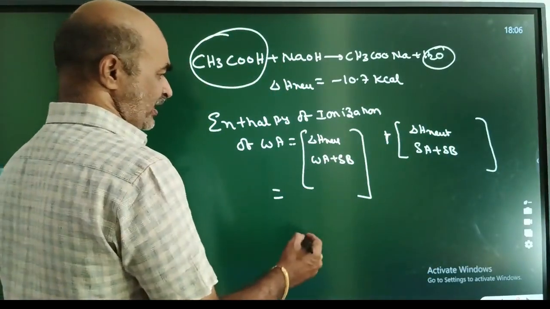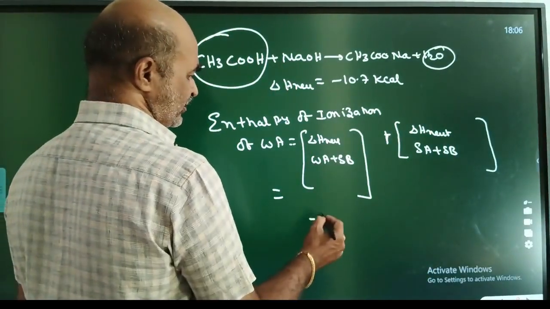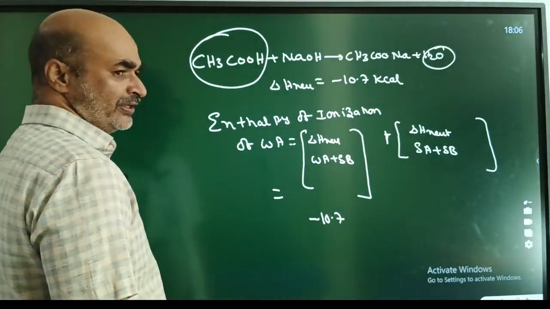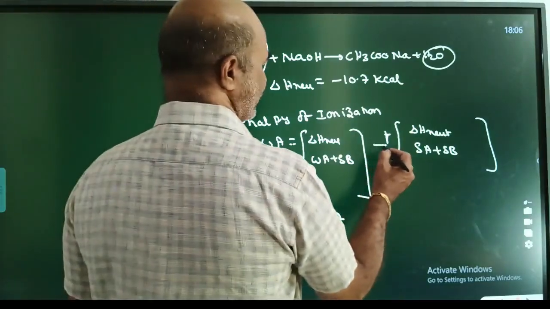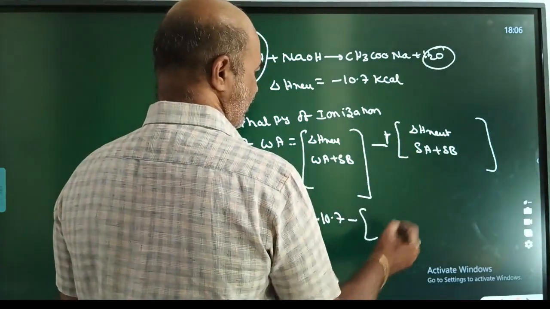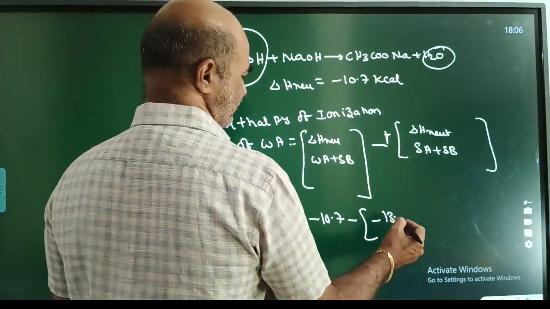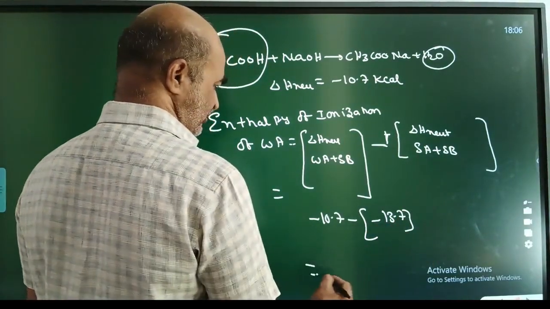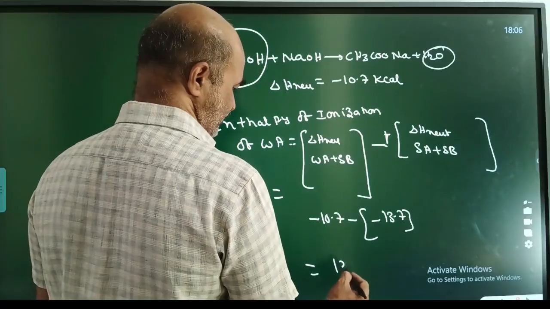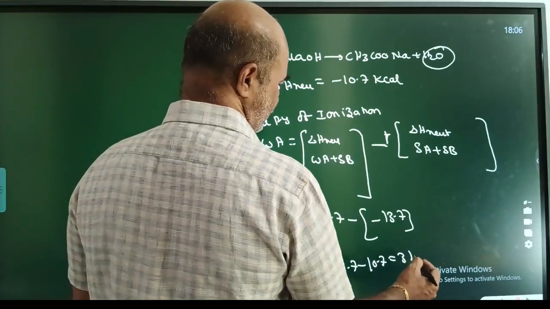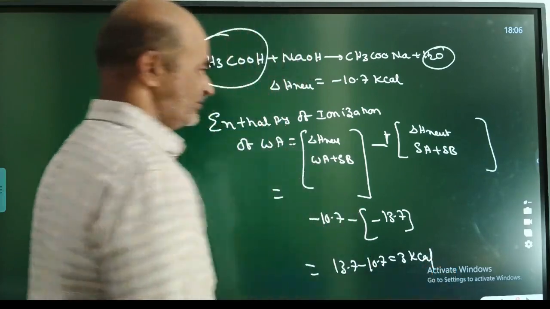For example, for a weak acid and weak base, the enthalpy of neutralization is minus 10.7, minus the enthalpy of neutralization of strong acid and strong base, minus 13.7. That is equal to plus 13.7 minus 10.7, which is 3 kilocalories.